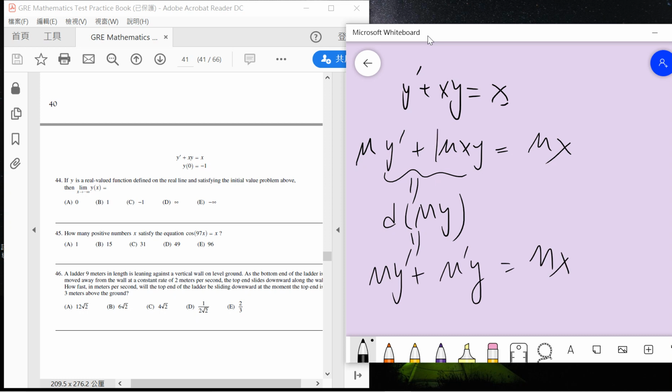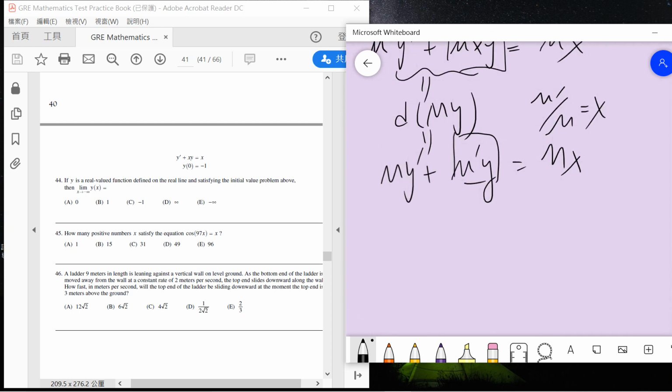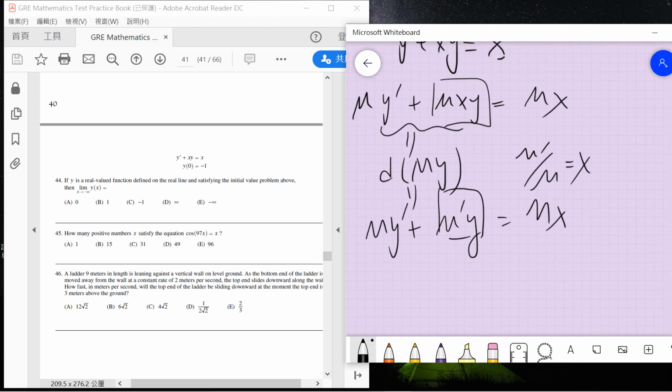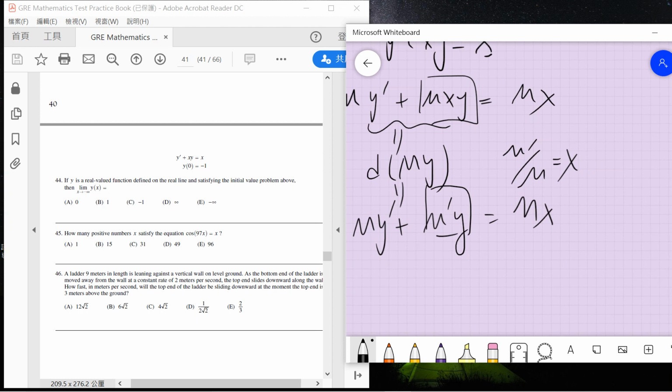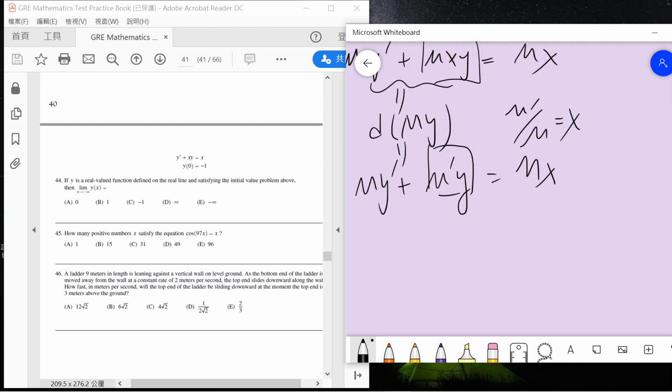So this tells us that m prime over m should be x. So we can integrate this one. We get ln m equals x squared over 2. So m is exponential x squared divided by 2.